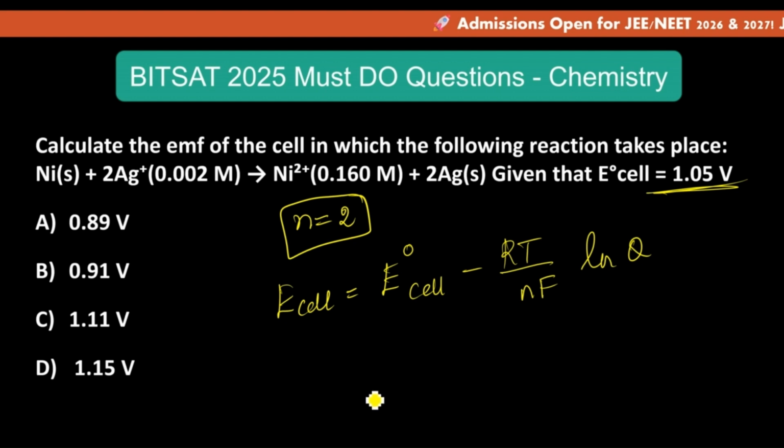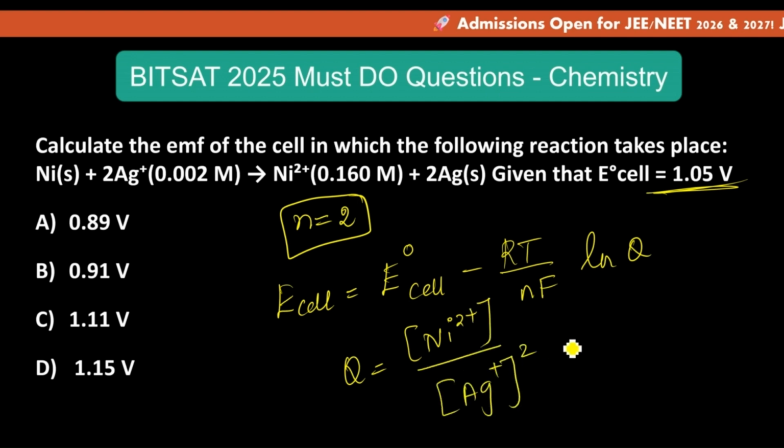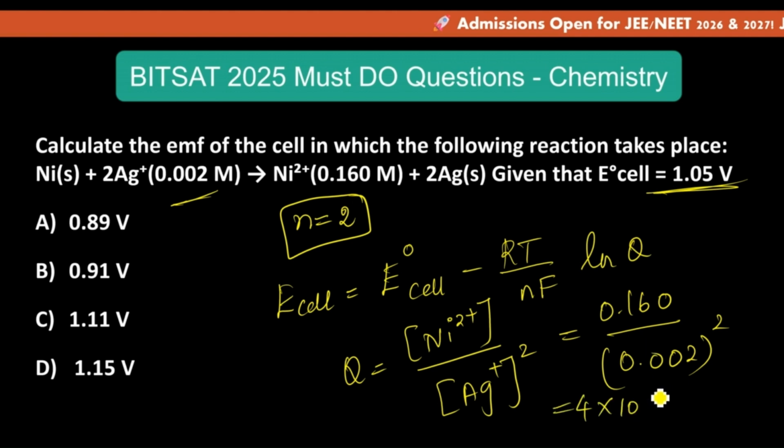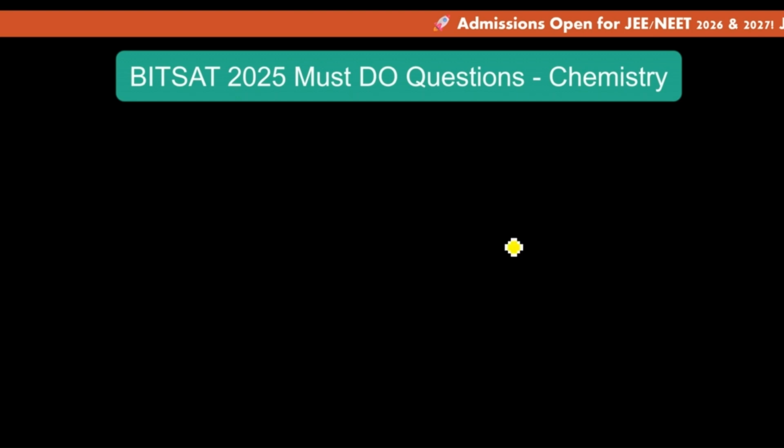Let's substitute the values. So for finding out Q, where I'm having nickel 2+ and silver plus, I'm substituting the values 1.160 and 0.002 squared, which will give you the Q value, that is 4 into 10 to the power 4. Okay, let's apply it to the Nernst equation over here.